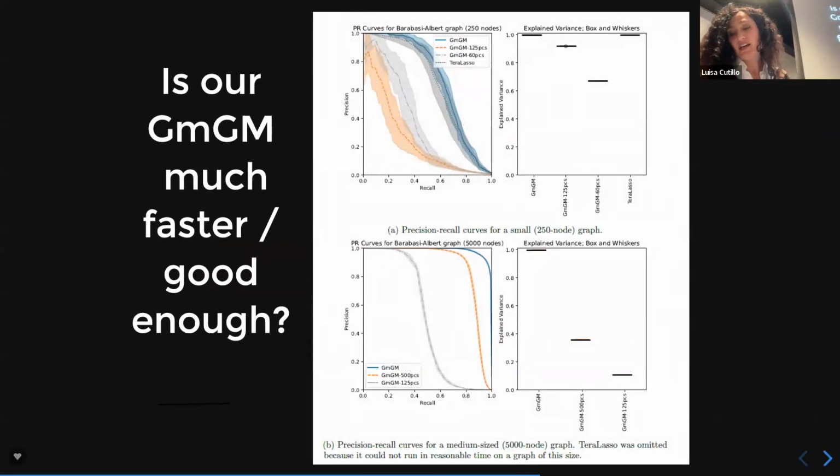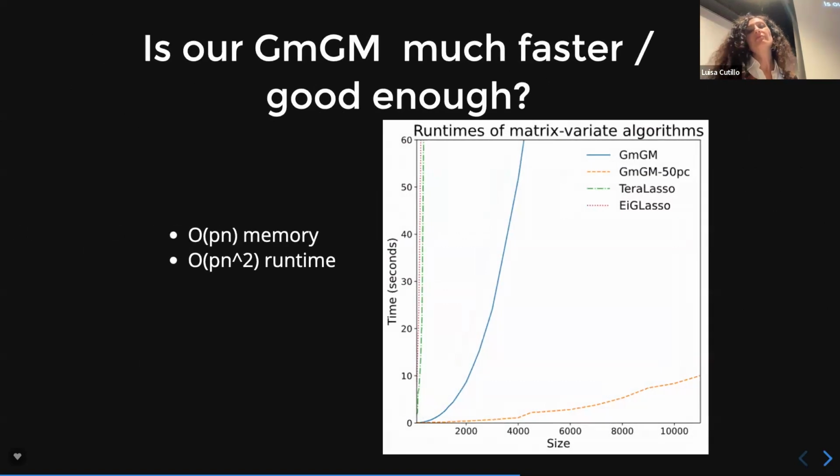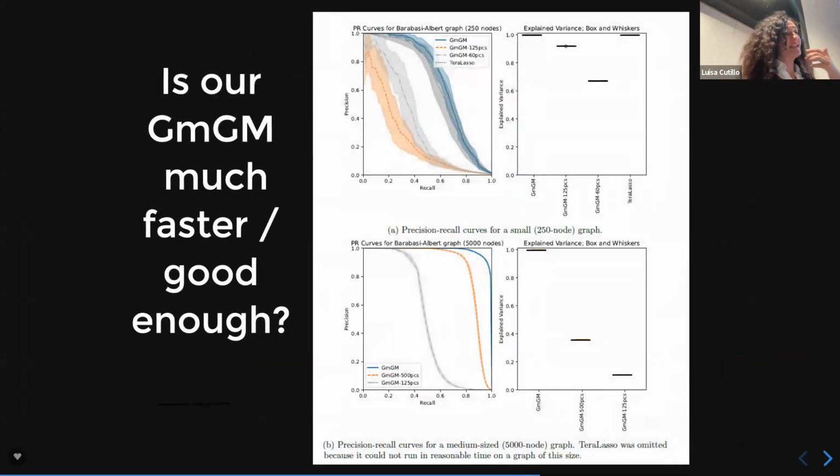And also, the other question could be, you do this approximation, but are you losing in terms of estimation? How do we do in terms of estimation? Are we good enough?